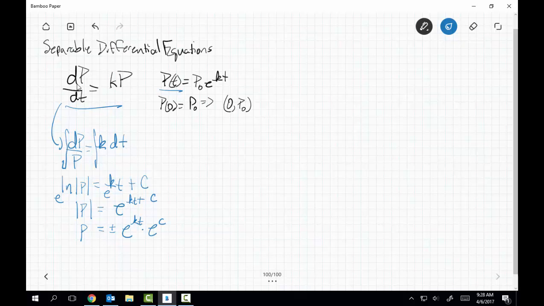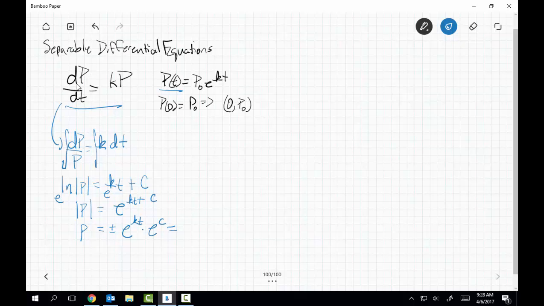Now I'm going to do something here, and it may drive you a little bit crazy, but don't let it. It doesn't matter if we use the plus or the minus, because I'm going to rewrite e to the c as just a new arbitrary constant.